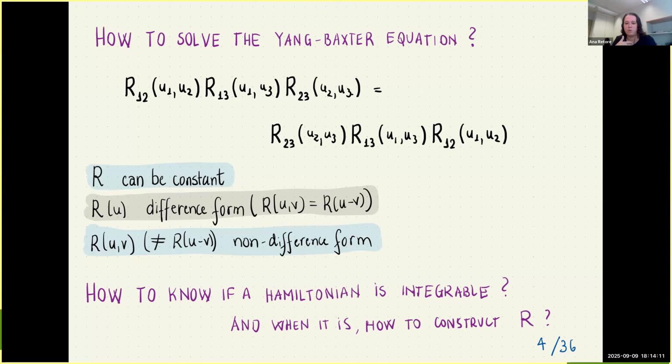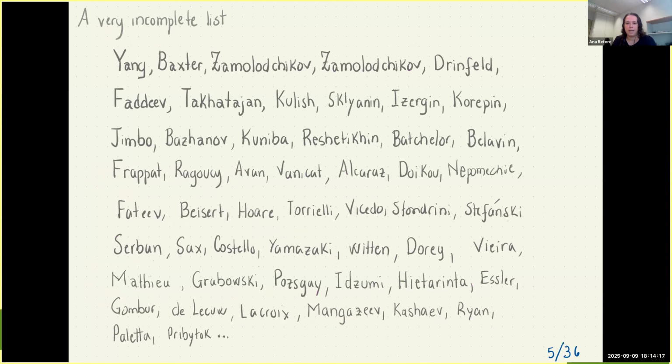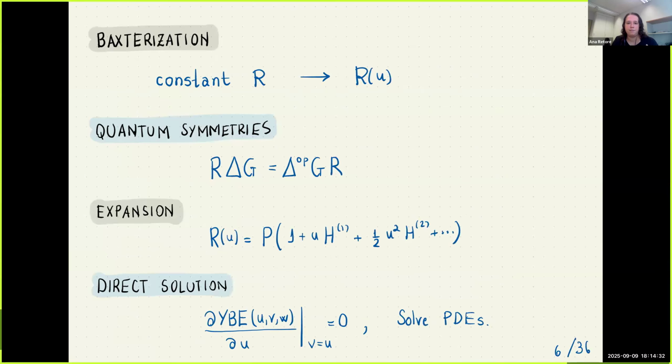So how do we know if a Hamiltonian is integrable, and when it is, how to construct the R matrix? Of course, Baxter and a lot of people here today contributed, and for sure this list is still incomplete. There are various beautiful techniques.